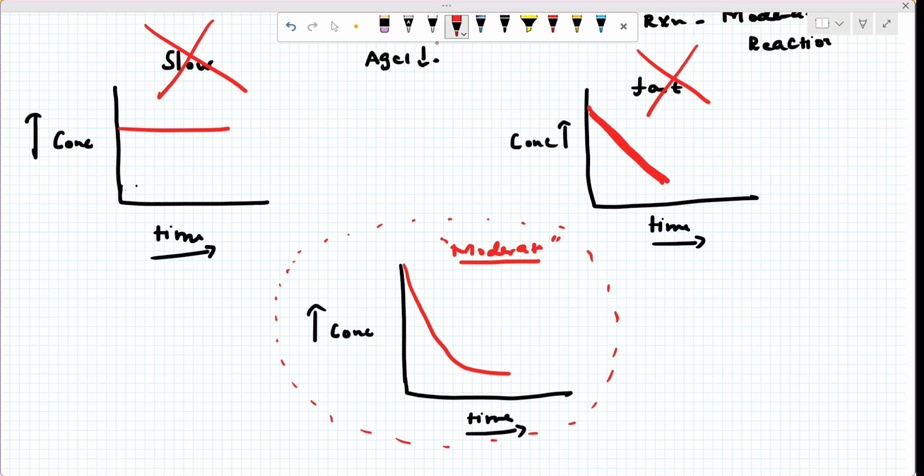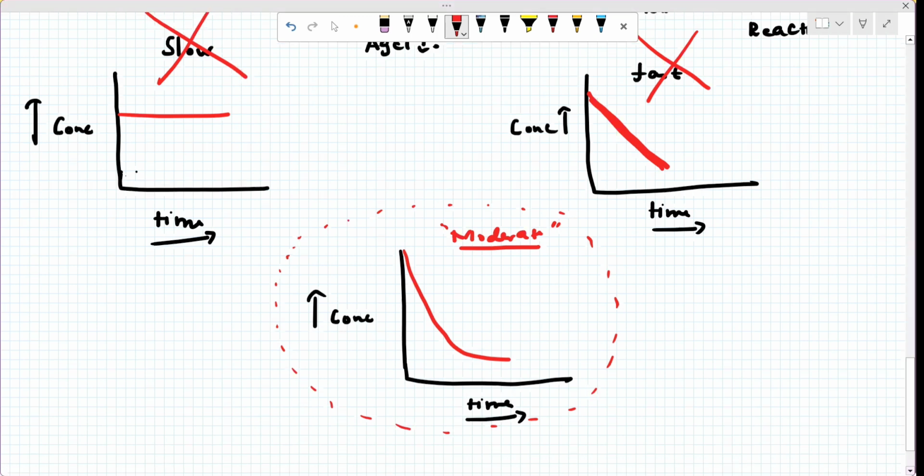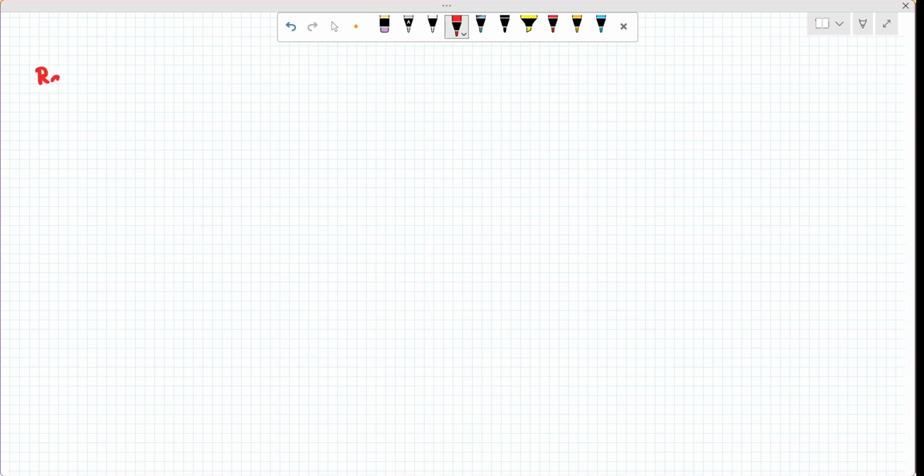We focus only on moderate reactions. Therefore all chemical reactions come under the moderate category. Now move on with the concept. It's just an introduction, basics. Now, rate of reaction.